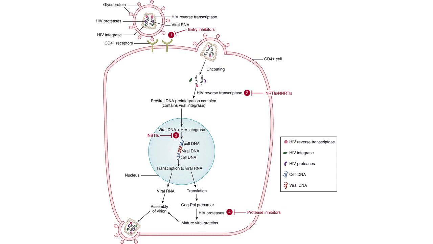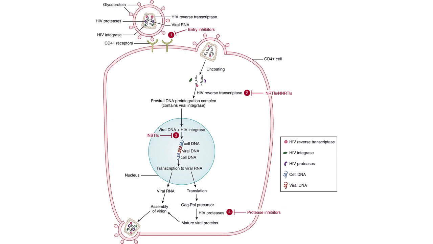And this step is catalyzed by HIV protease. So the mature viral proteins together with the viral RNA assemble to become the immature HIV viral particle. That buds off and infects other cells. So through all of those steps, you will see numbers here 1, 2, 3, and 4.